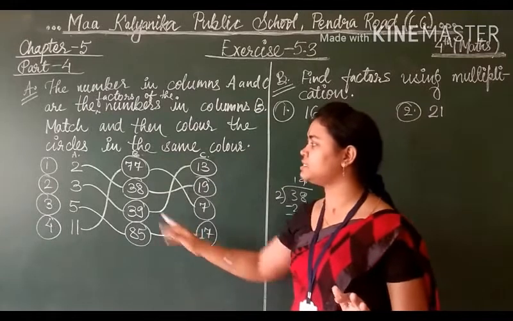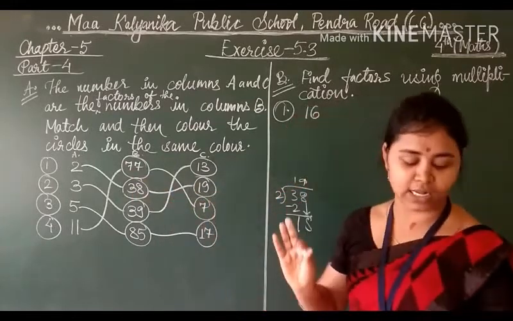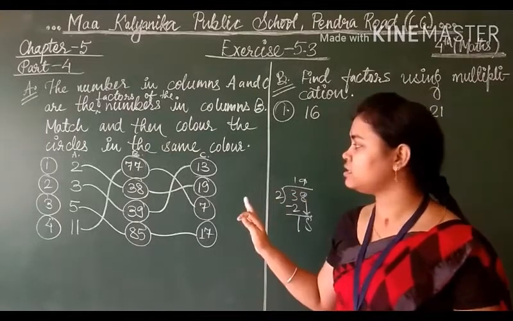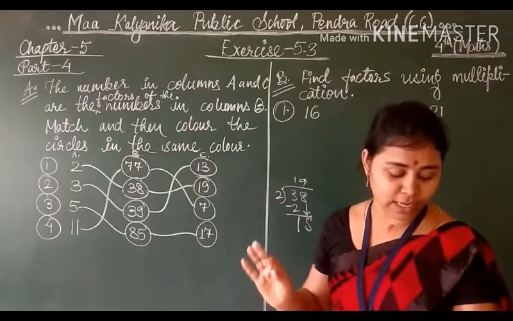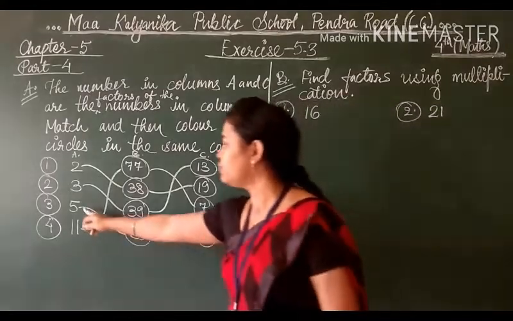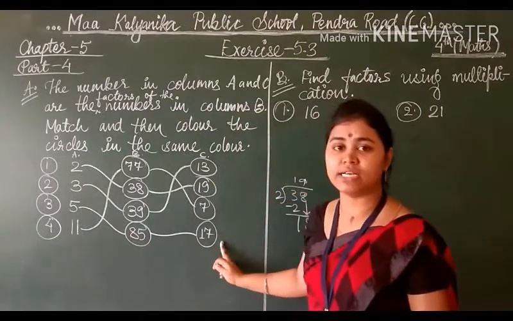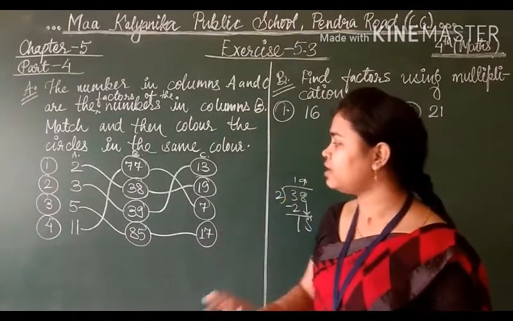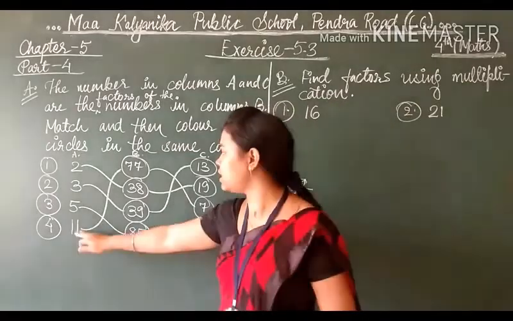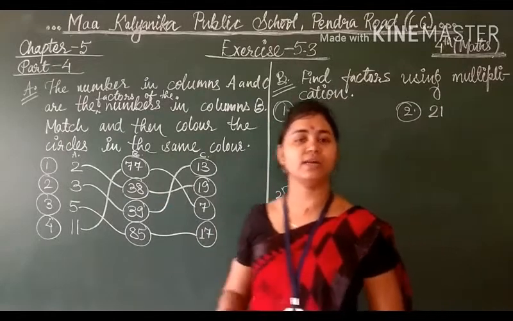Then second one, 3, 39 and 13 you can do with blue or purple color. Then orange. 5 is orange color, so you can do 5, 85 and 17 with orange color. You can fill the color. Then last one, red. So 11 is given with red color. So 11, 77 and 7 you can color red.